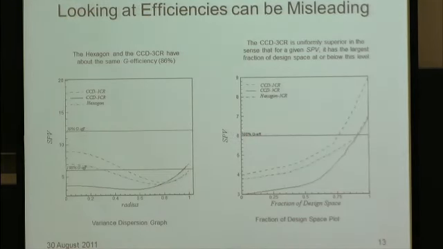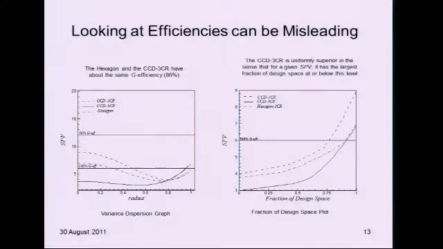The graph on the left is a variance dispersion graph, and we're comparing 3 designs: a hexagon and two central composite designs. The CCD has 1 center run, the other CCD has 3 center runs, and then there is the standard hexagon design. All 3 of these designs are rotatable for the second order model.